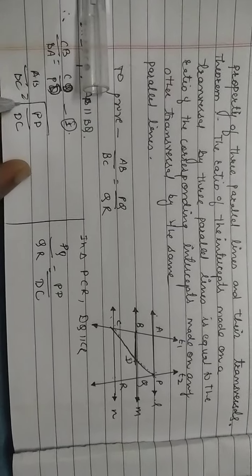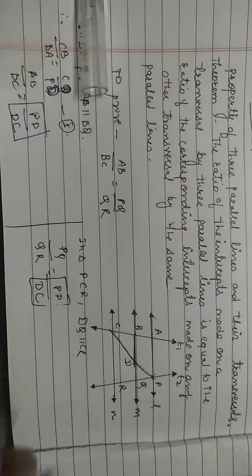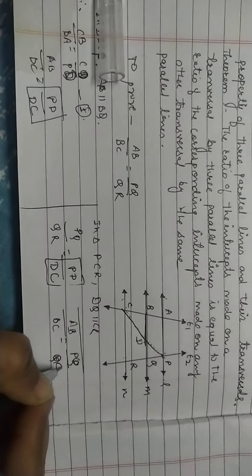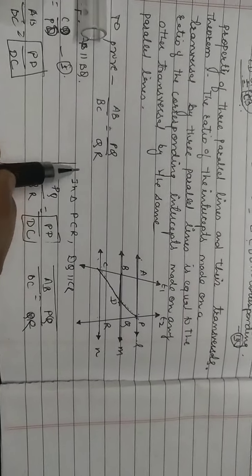Now this PD upon DC and this PD upon DC, the right hand side of both equations is equal. So ultimately these two sides will be equal, that is, AB upon BC equals PD upon DC, that is PQ upon QR. That is what we had to prove: AB upon BC equals PQ upon QR.